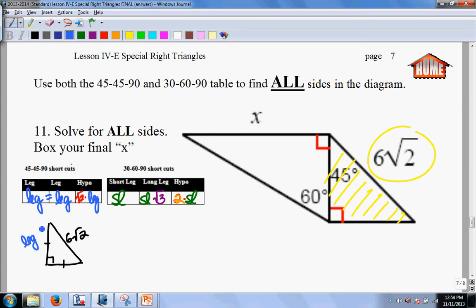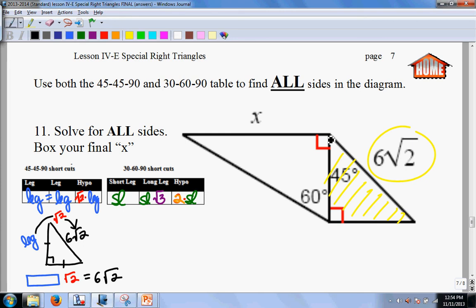Well, you ask yourself, the leg times root 2 gave us 6 root 2. This is how we solve: something times root 2 is 6 root 2.